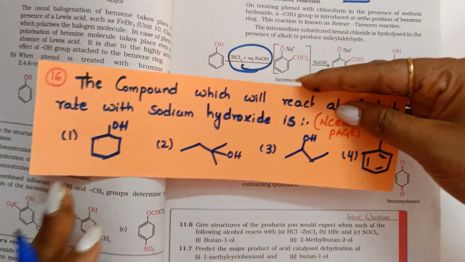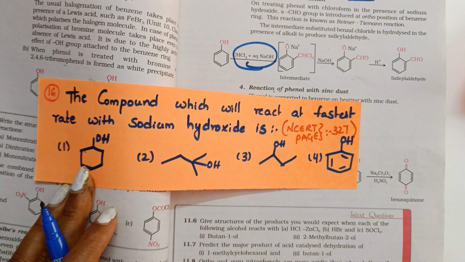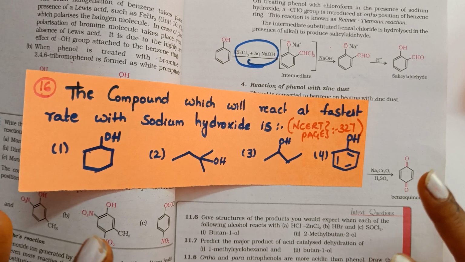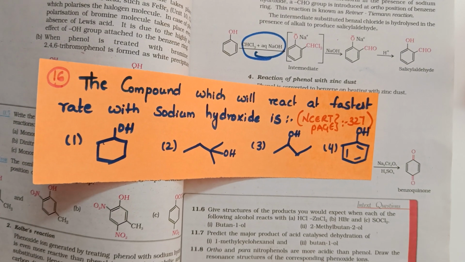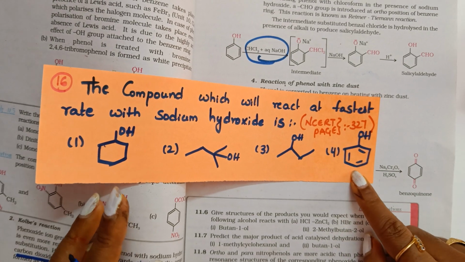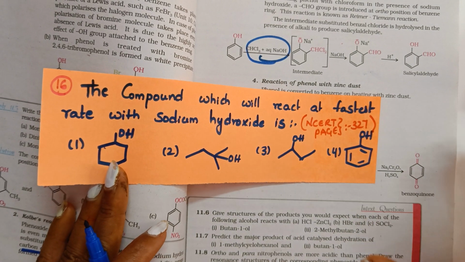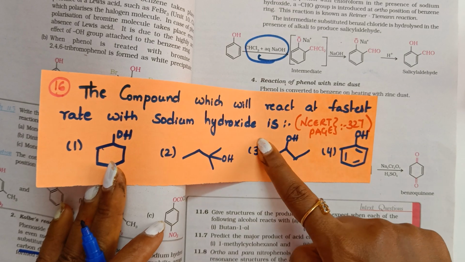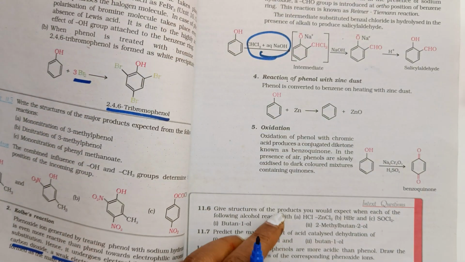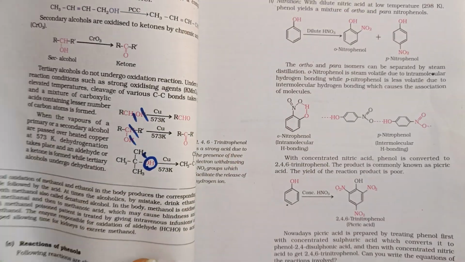Now question number 16. The compound which will react fastest with sodium hydroxide. Alcohols don't react with sodium hydroxide. Only phenols are acidic in nature. So only phenols can react with sodium hydroxide. Then option 4 is the correct answer. Page number 327.